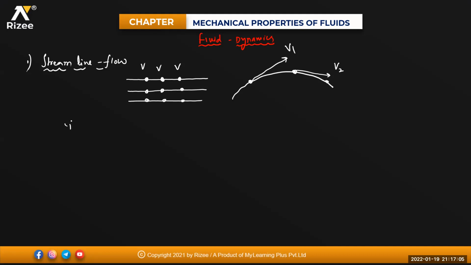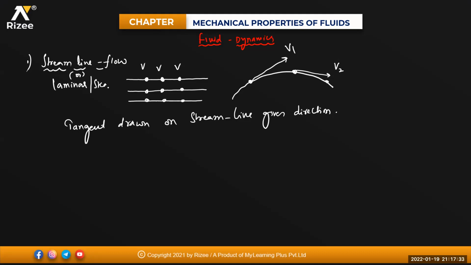You can write that: tangent drawn on streamline gives direction. Clear? Another name for the streamline flow is laminar flow, or also called steady flow. These are the different names for this one.